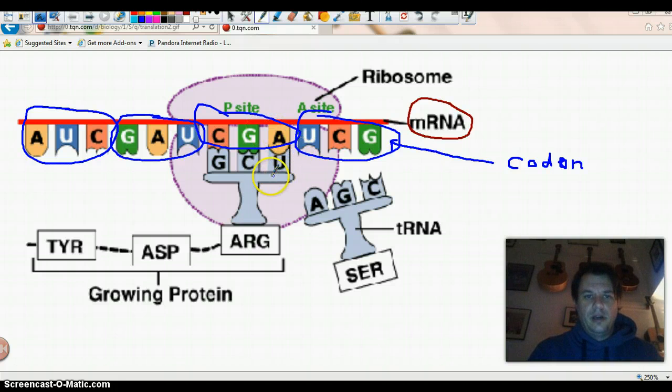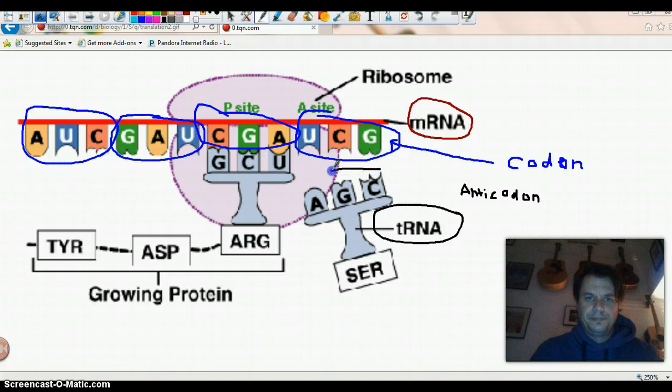Now you'll notice here that this is going to be our tRNA. As you can see here, it's labeled. The tRNA will have 2 parts to it, an anticodon, and this anticodon will simply be, much like the codon, a 3 base pair.